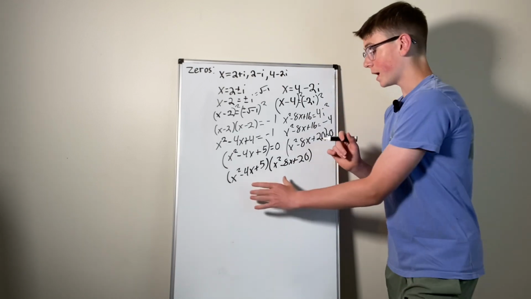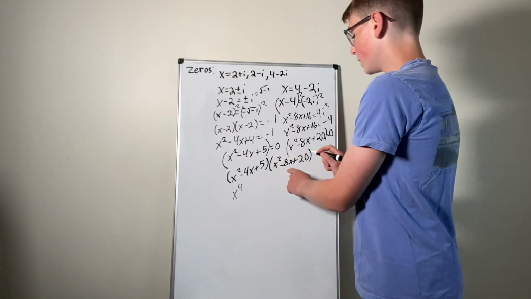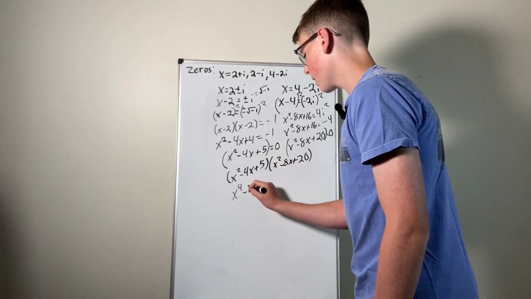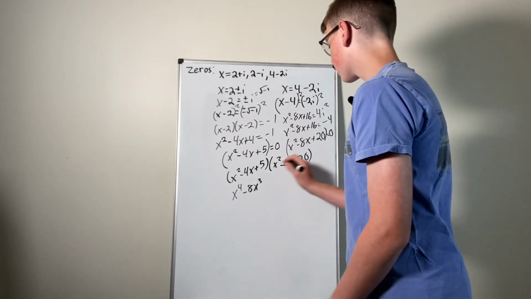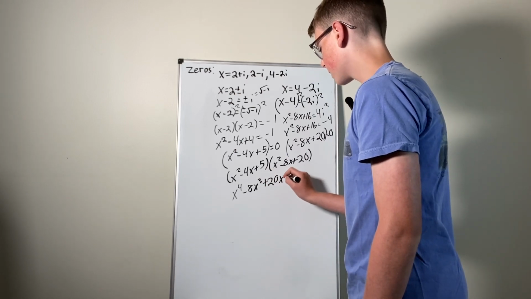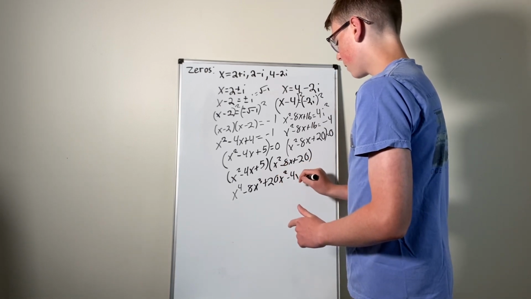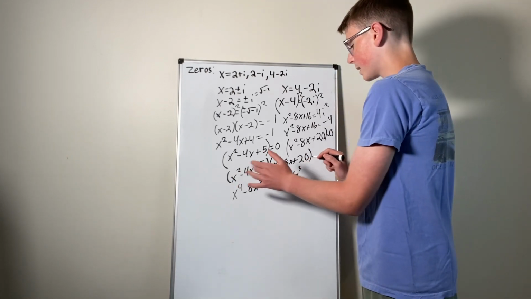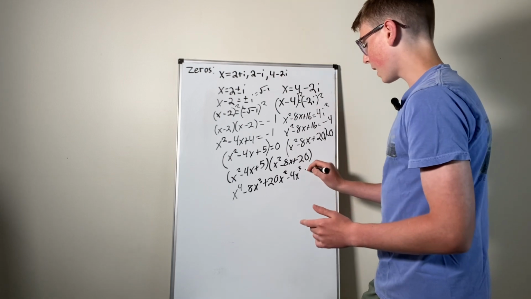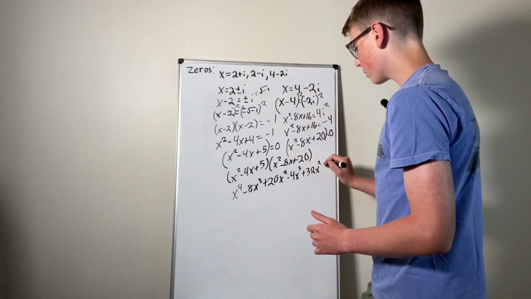So let's go. x squared times x squared is x to the fourth. x squared times negative 8x is negative 8x cubed. x squared times 20 is 20x squared. Negative 4x times x squared is negative 4x cubed. Negative 4x times negative 8x is plus 32x squared.